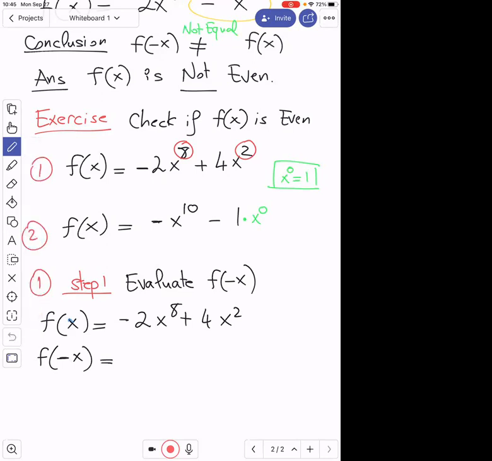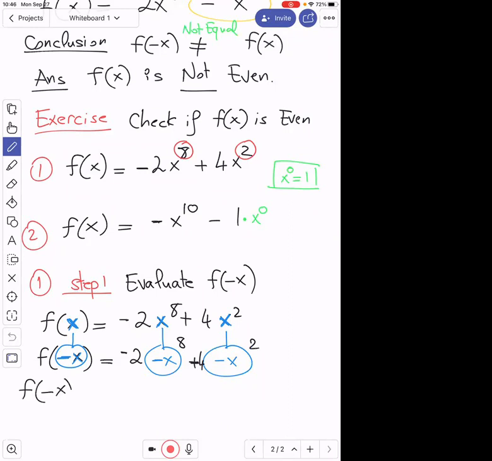So here's an x, here's another x. Both have become minus x. We have this negative 2 in front of the x to the power 8, then a plus, and a 4 outside the parentheses, and then there's a square.